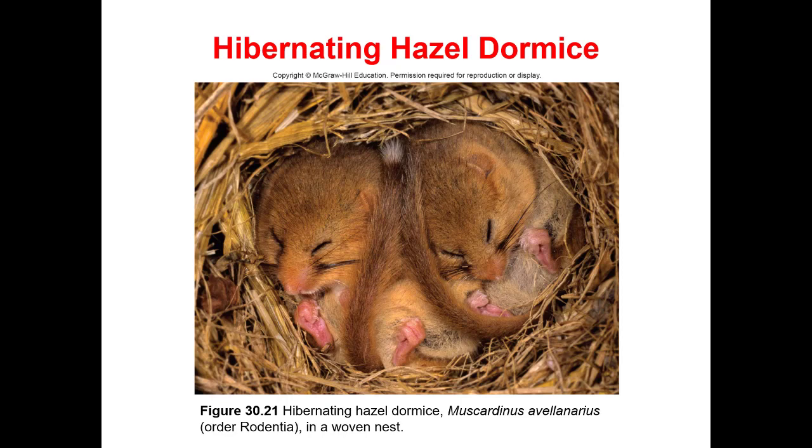Entry into hibernation is a gradual process where they undergo a series of test drops in body temperature. Eventually, the animal cools to near ambient temperature and its metabolism decreases to a fraction of its normal rate. Respirations may drop from 200 breaths per minute to 4 to 5 per minute, and the heart rate drops from 150 to 5 beats per minute.